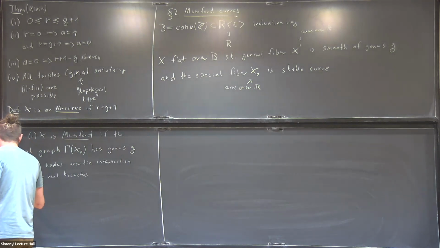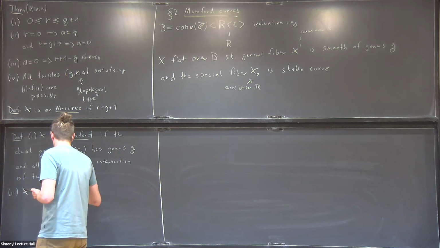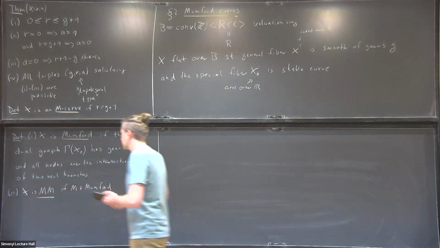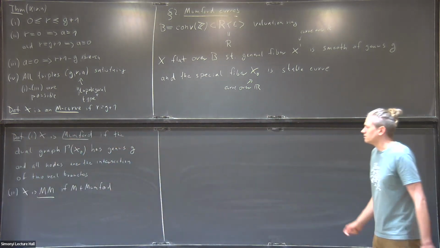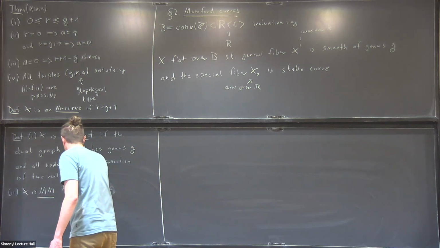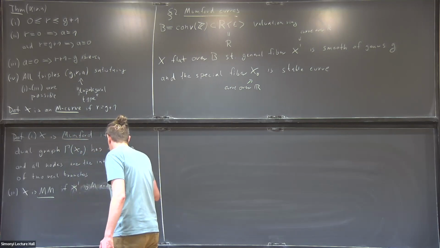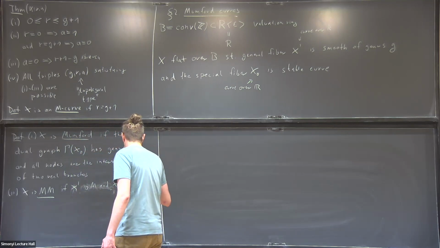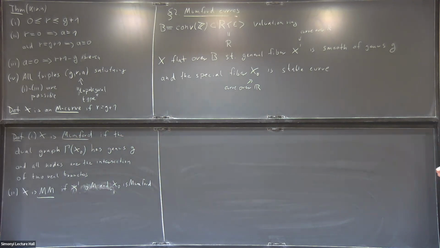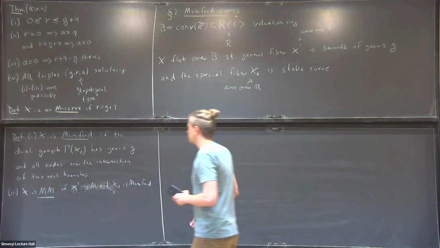We say that X is an M curve if the general fiber is an M curve and the special fiber is Mumford. The general fiber is maximal in the real algebraic sense, and this is maximal in the combinatorial sense.